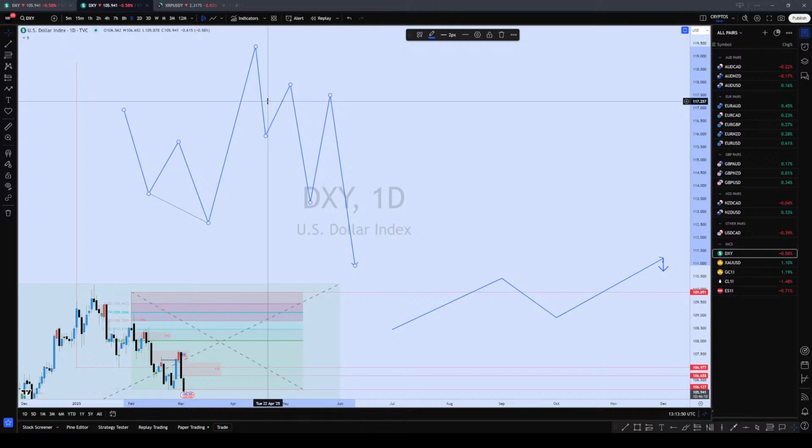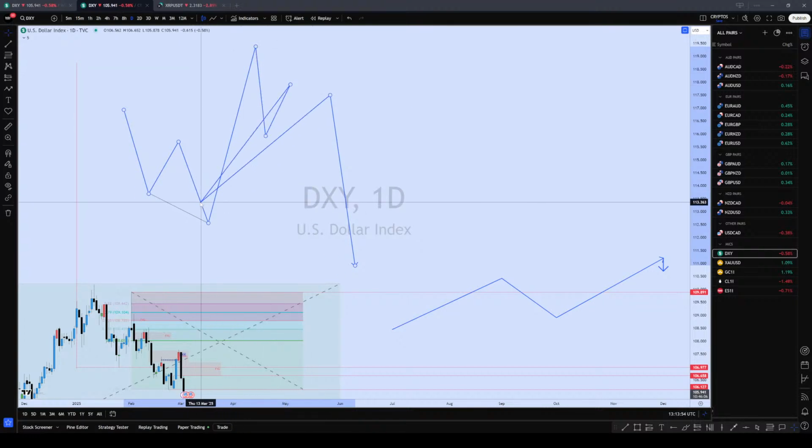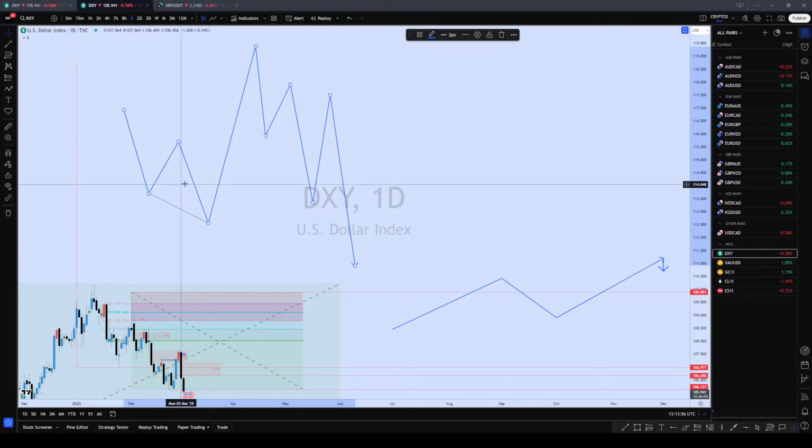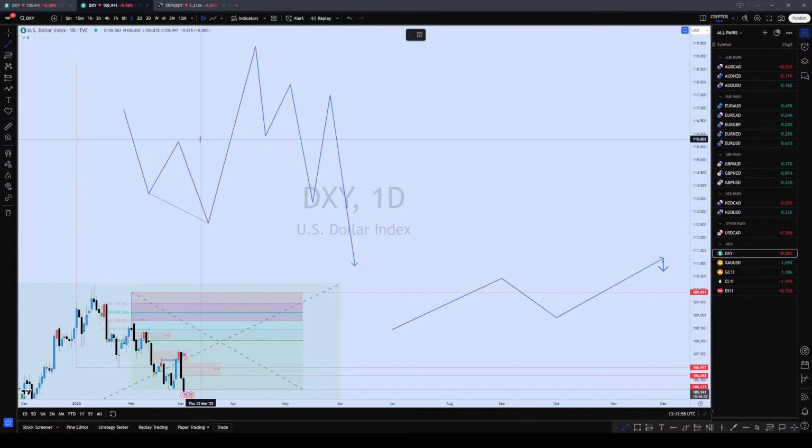So what price will usually do is when it gets to this area here, especially when we go below this high, the moment price goes below that, you can start anticipating a potential move up, especially if there is a gap.